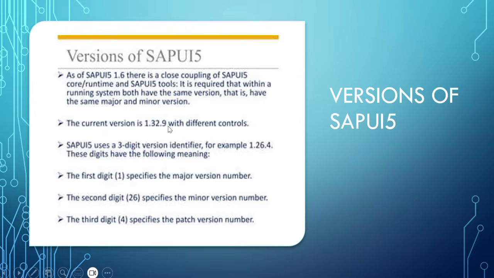On top of that, if any bug fixes, patches, or new libraries are added, the patch number will change to 9, then 10, then 11. If it is a minor change, the minor version will change. If something completely new is added, the first number will change.